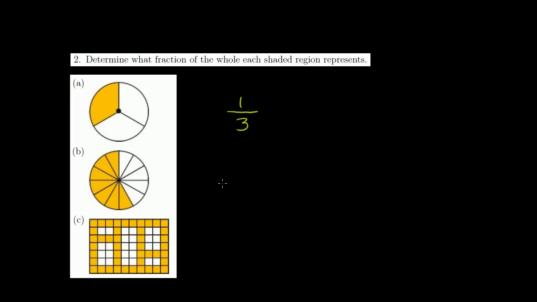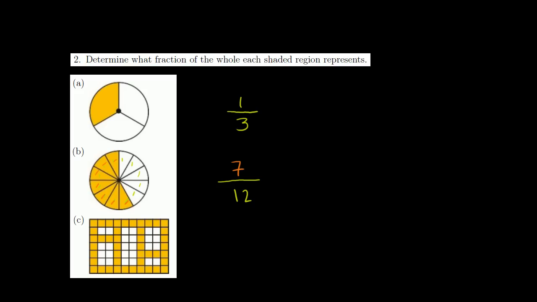The second one: how many sections do we have? All the sections are equal sized. So we have 1, 2, 3, 4, 5, 6, 7, 8, 9, 10, 11, 12 sections. How many are shaded? 1, 2, 3, 4, 5, 6, 7. So it is 7/12.